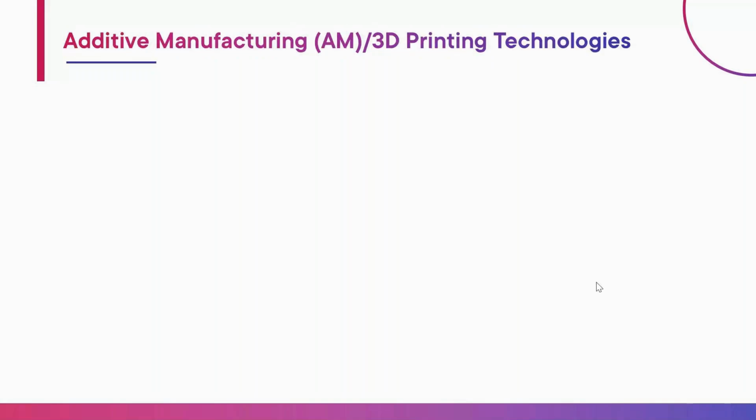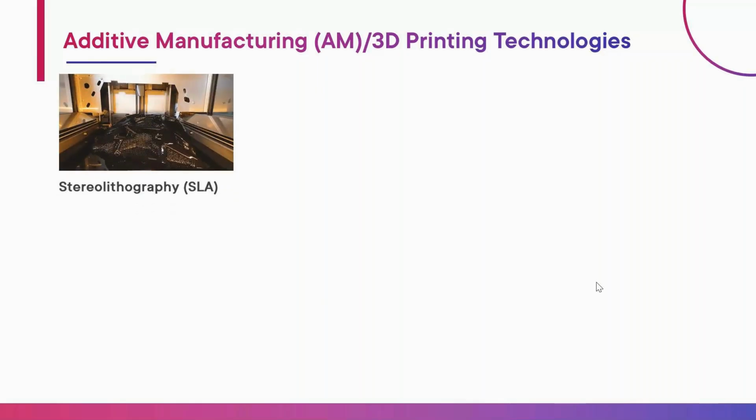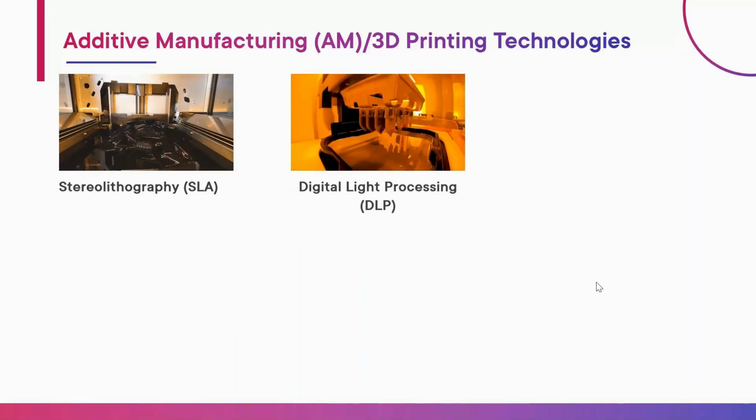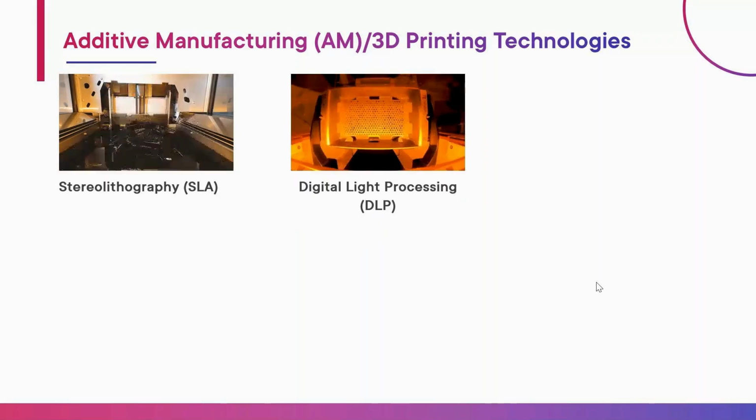Some of the technologies that we have and the principal OEM brands that we represent are SLA from 3D Systems, Projection SLA from 3D Systems, Projection Micro SLA from BMF, and SLA for ceramic 3D printing by 3D Ceram. DLP from 3D Systems and Race 3D.